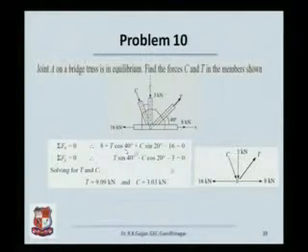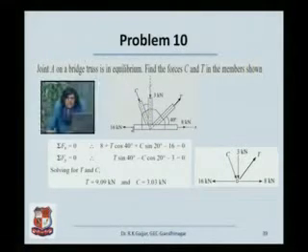T cos 40 is once again going to be in the positive direction. C is going to have x component in the positive and y component in the negative. So, C sin 20 is positive. 16 kilonewton force is acting in the negative x direction. So, minus 16. Apply the equation to 0.